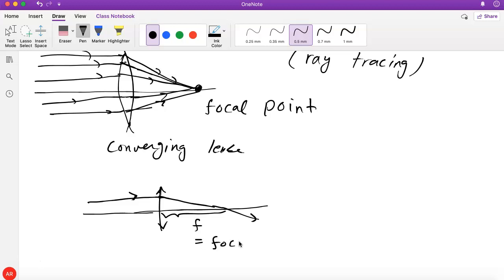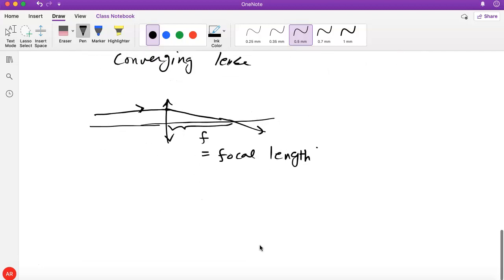It's also known as the focal length. Another important feature is that a ray that goes through the center of the lens just keeps going, so it doesn't get refracted.